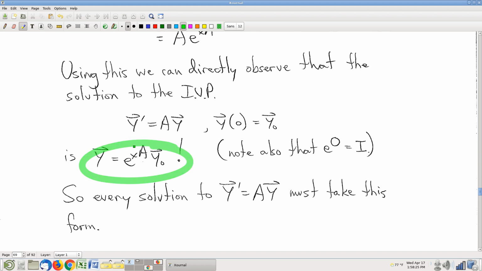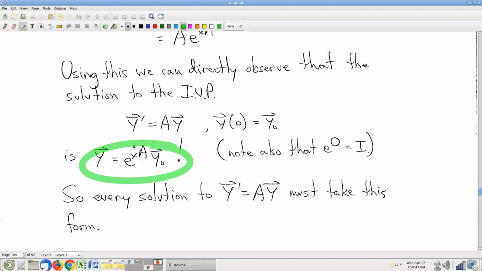Now let me stop the sales pitch and get down to what's the bad news. The bad news is that even though I have a formula here for every solution to every initial value problem, every homogeneous one, of course, I don't know how to evaluate this thing.